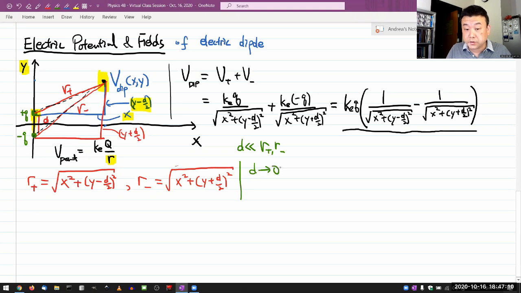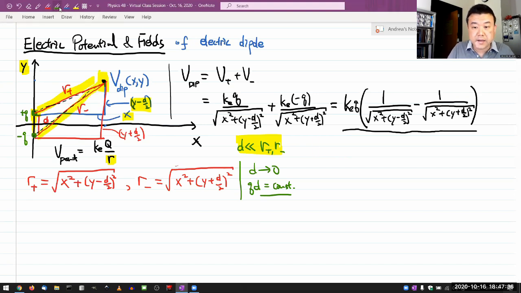The other way, which is more interesting from practical application purposes, is to consider the case where d approaches 0 with a corresponding change in charges so that qd is constant. That's another way you can bring about the same limiting case. In the end, the limit is the same, that d is much less than these distances. And that implies one thing.